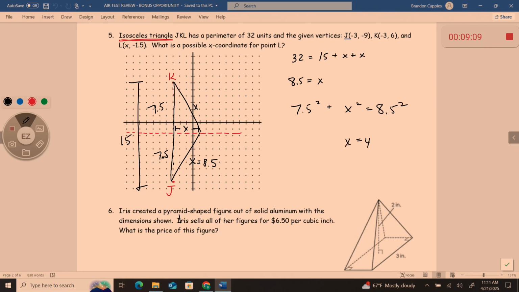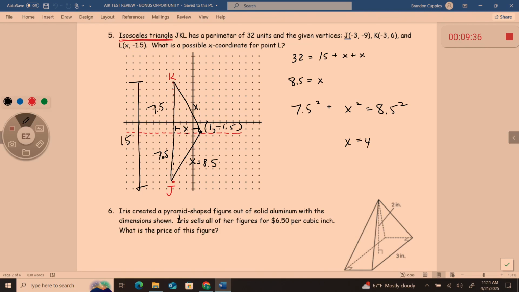And so if I move 4 units over, right now I'm at negative 3, right? So if I go over 4 units, 1, 2, 3, 4, that point right there, 1 comma negative 1.5, is going to be the location of that vertex. Now I will say this, you could have gone the opposite direction as well.